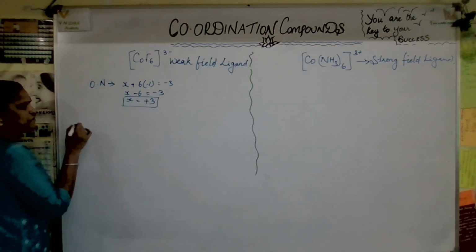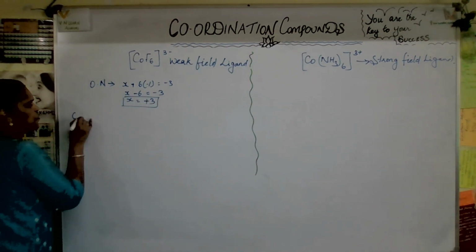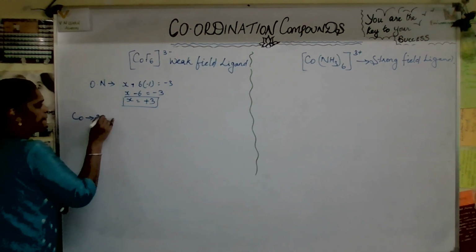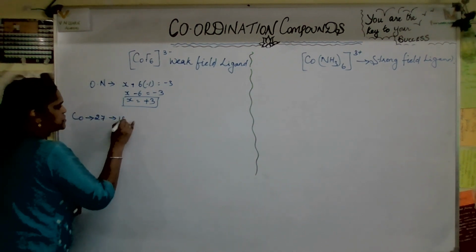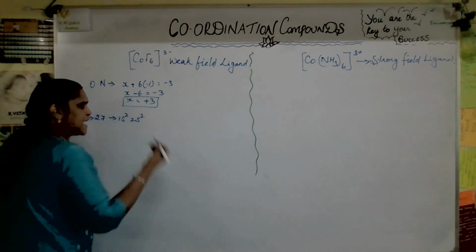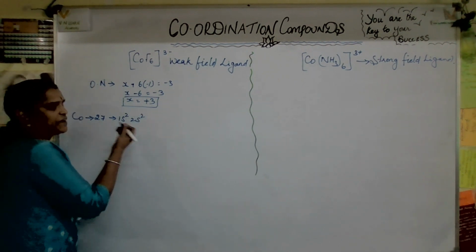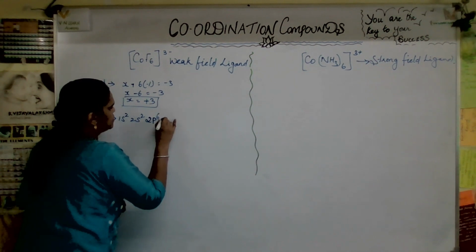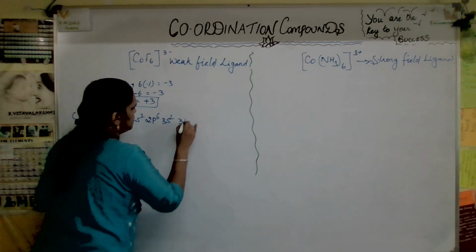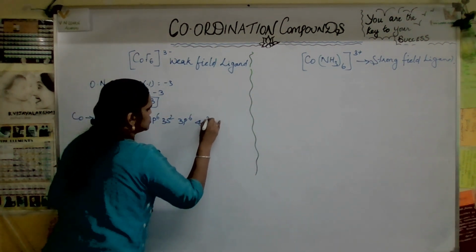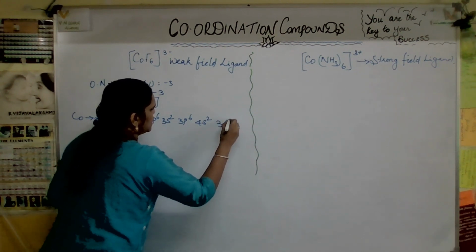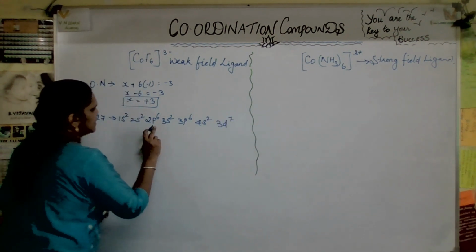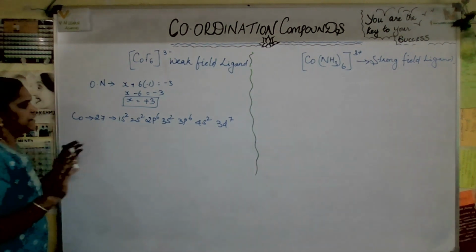Now we have to write the electronic configuration. Co is 27, right? 1s2, 2s2, directly also you can put it. I am giving a very clear idea. That is 1s2, 2s2, 2p6, 3s2, 3p6, 4s2, 3d7, which makes 27.